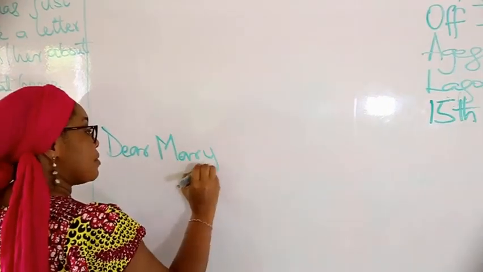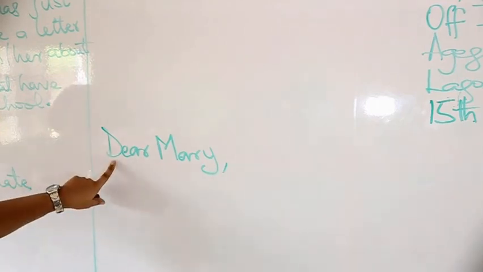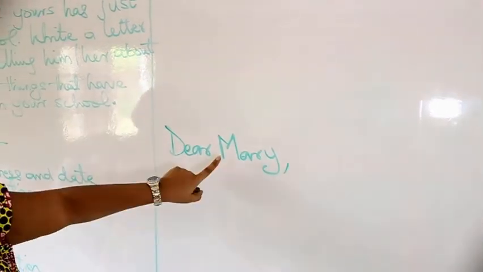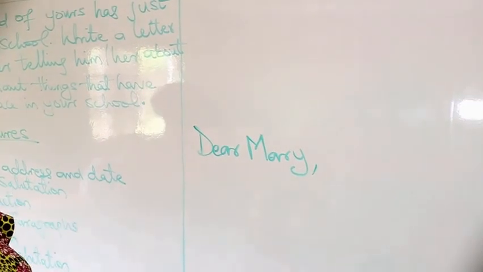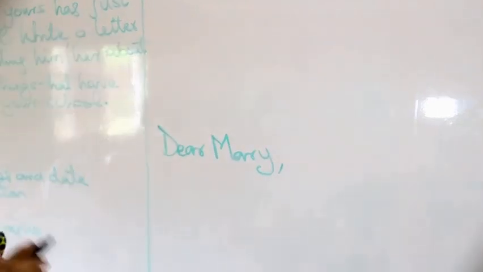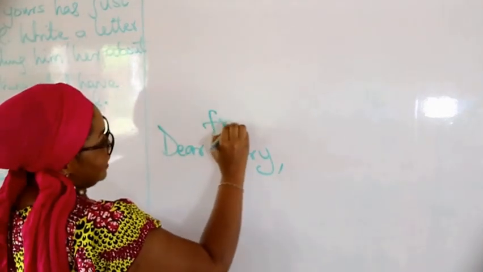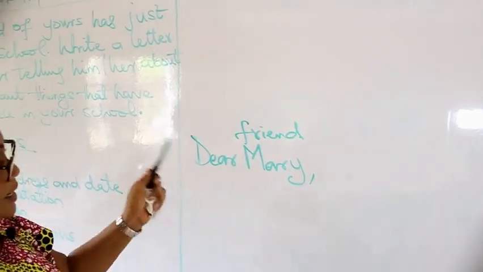Let's say Dear Mary. Dear Mary. So the Dear must begin with a capital letter, and the name of the person must also begin with a capital letter. Please, on no account must you write Dear Friend. Some people will write Dear Friend. It is wrong. There's nothing like Dear Friend.